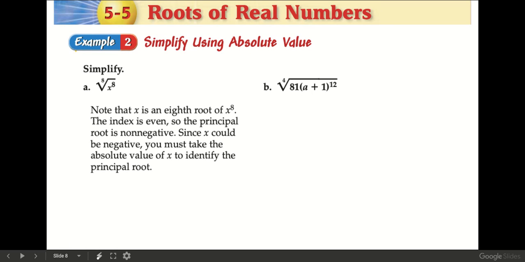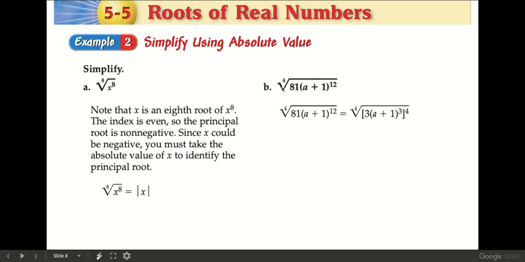So since x could be negative, you must take the absolute value of x to identify the principal root. So in this situation, I'm taking an even root, and I'm getting an odd exponent answer, x to the 1st power. It needs to be taken as the absolute value because x could be positive or negative.